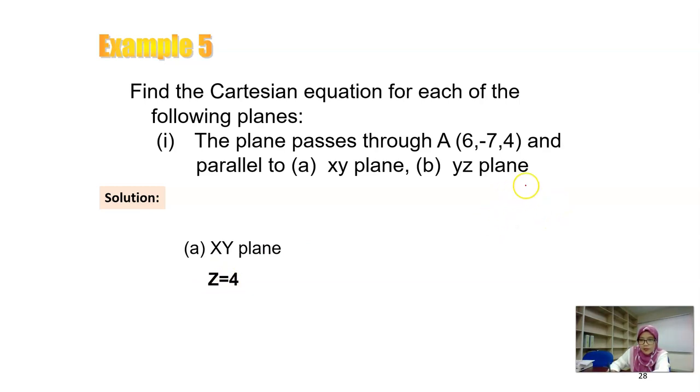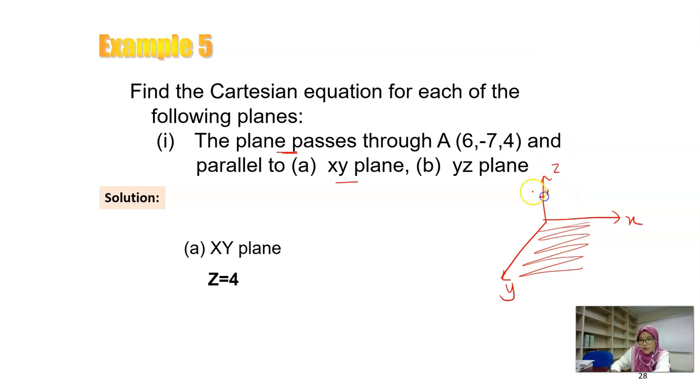If you sketch XYZ, your plane passes through 6, negative 7, 4 and is parallel to XY. Where is your XY? This is your XY, and the plane is parallel to the XY plane. It passes through 6, negative 7, 4, meaning your Z is at coordinate 4 here.